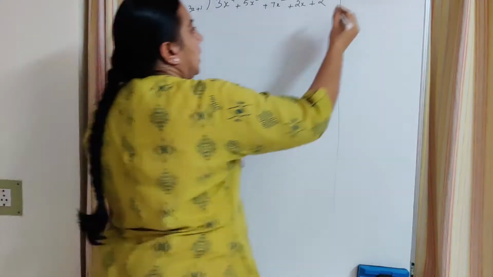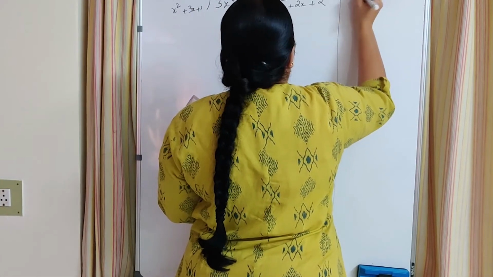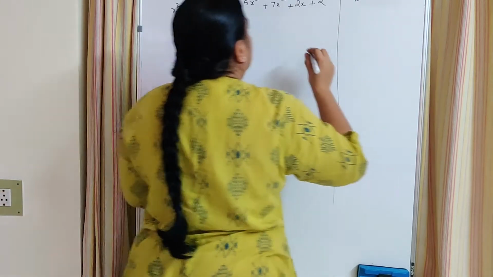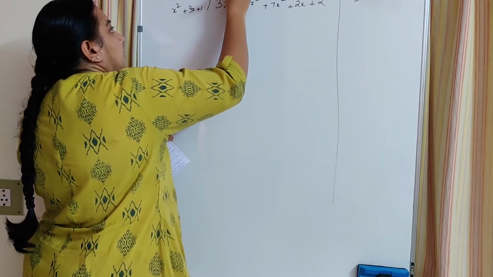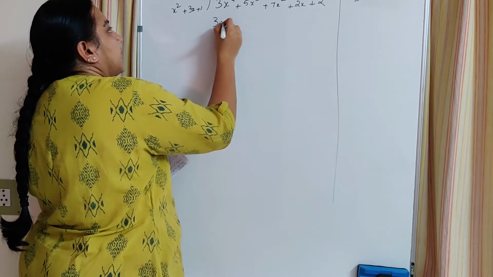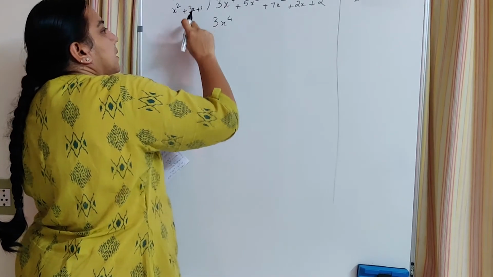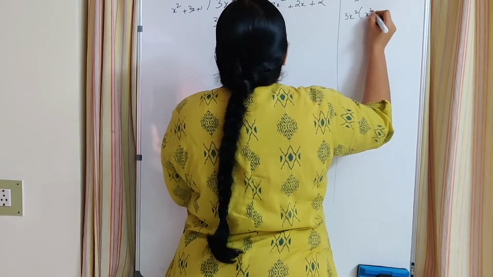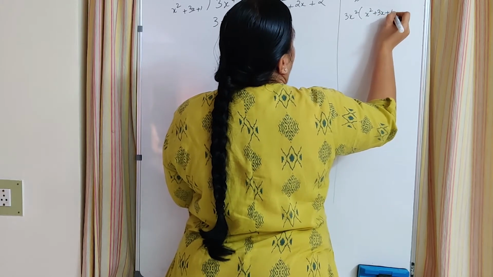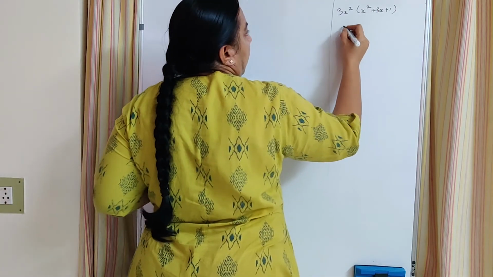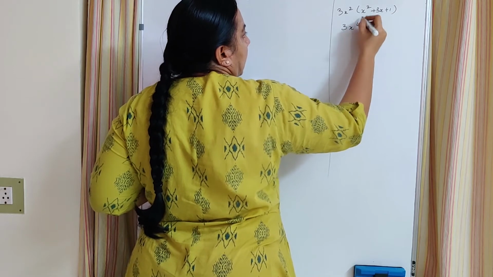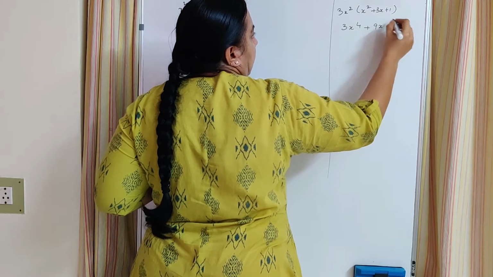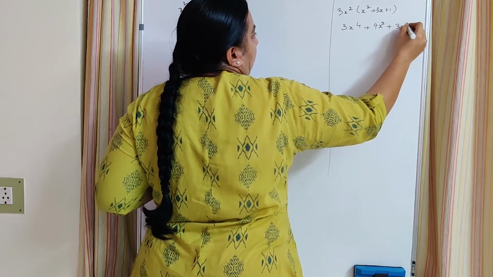So the first term, 3x power 4 divided by x square, is equal to 3x square. 3x square, and I multiply it with x square plus 3x plus 1. When I multiply, 3x power 4, 3 3s are 9, so 9x cube, plus 3x square.